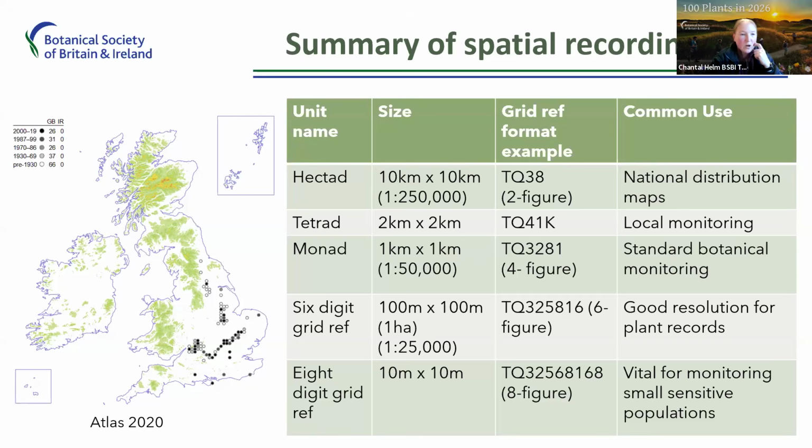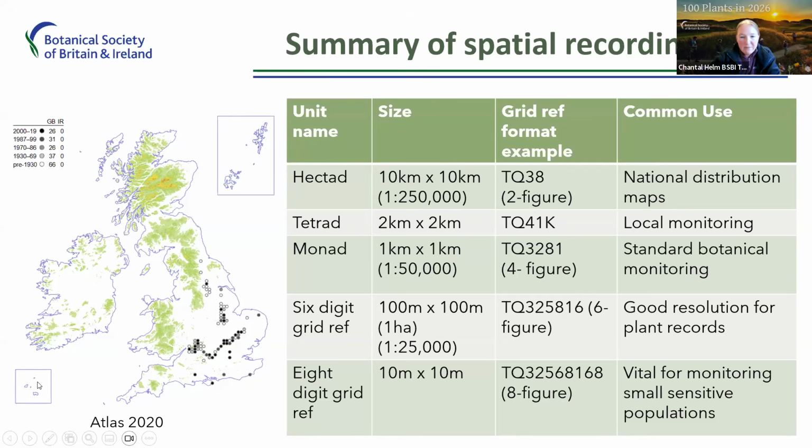And if you know the Ordnance Survey maps, you will know that you have got the Landranger series and the Explorer maps. I think the Landranger is 1 in 50,000, but the hectad is 1 in 250,000. So that's its scale. And if you were to look at a grid reference at hectad level, it would be a 2-figure grid reference. We'll explain that now in much more detail, how we get to that and what it means. But hectads are used for national distribution maps.